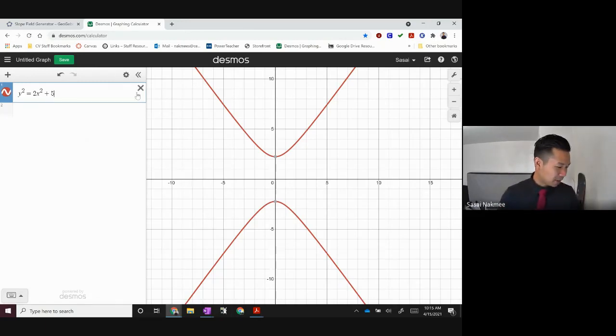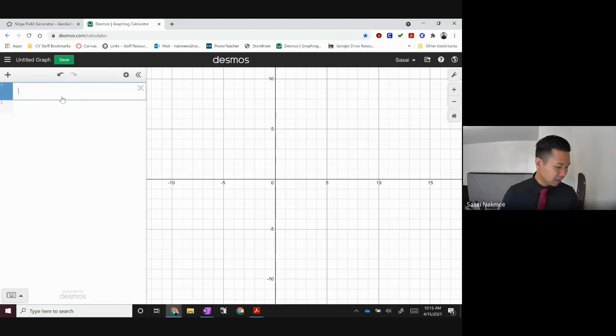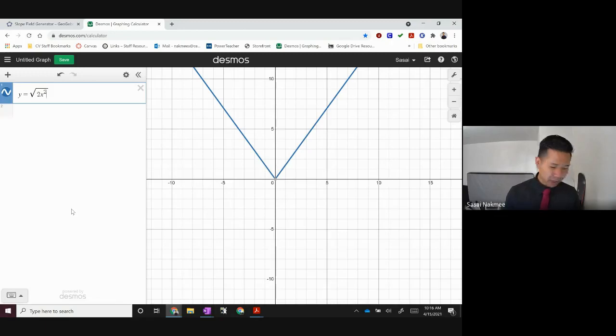If I wanted to solve it with y equals the way I plugged it in, it's going to be y equals plus or minus. So we do the plus 1 first, then we do the square root of 2x squared and plus a constant. Let's go with plus 1.